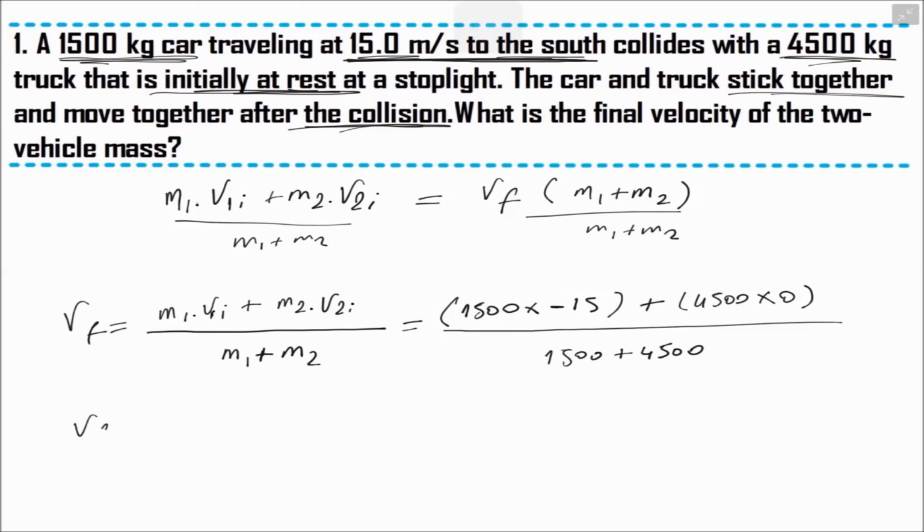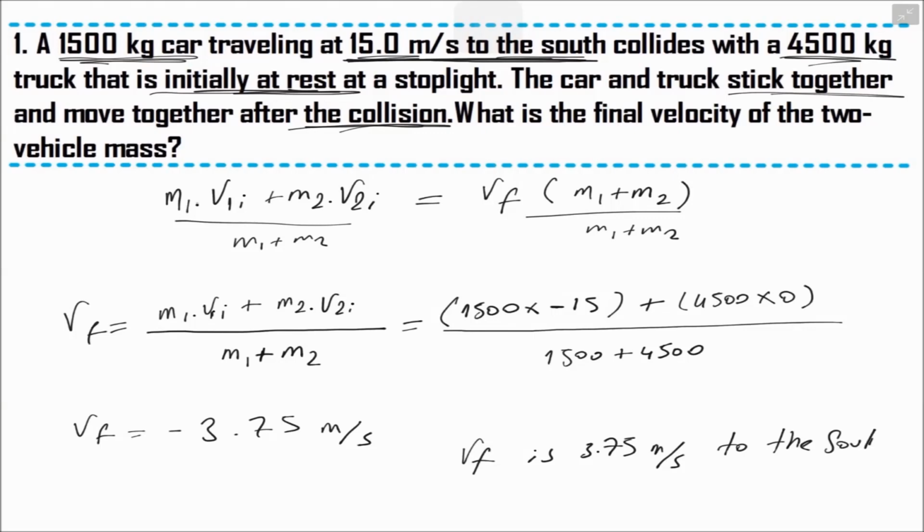So as a result, v final will be negative 3.75 meter per second. It means v final is 3.75 meter per second to the south. Thanks for listening.